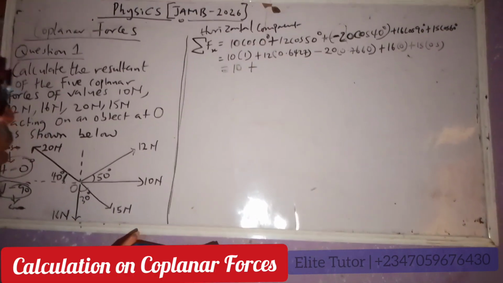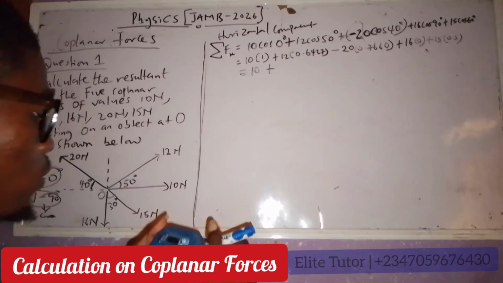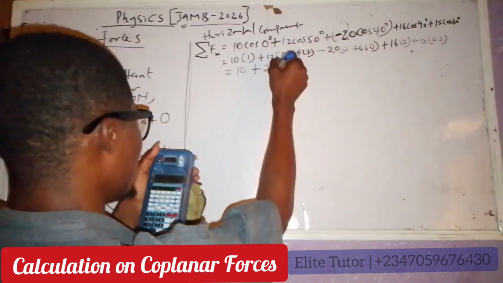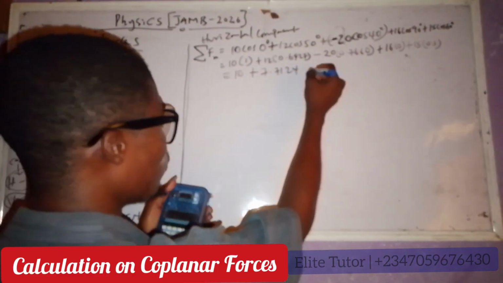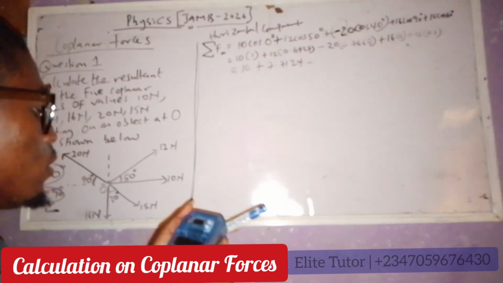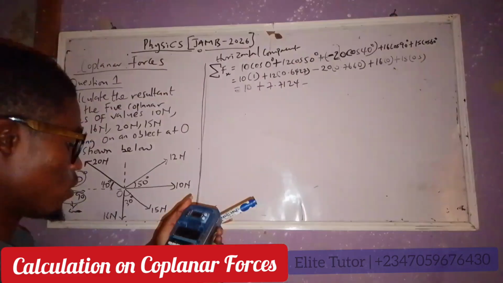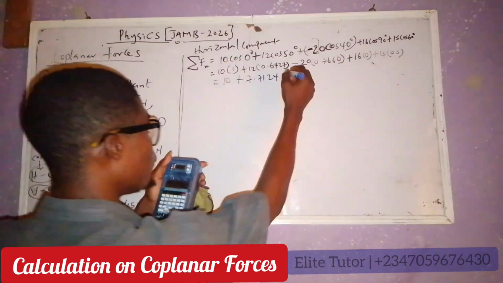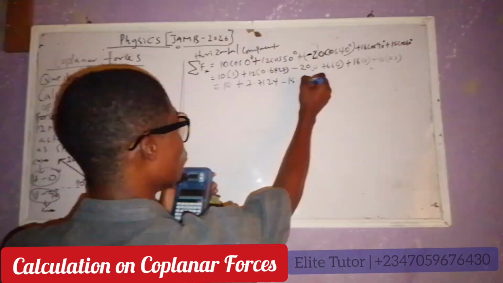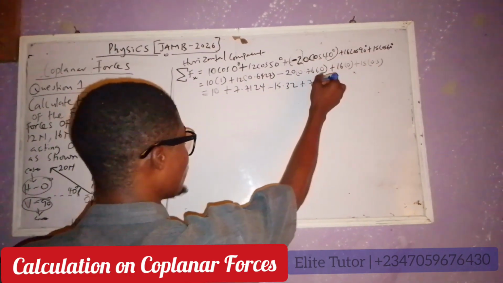Here we are having 10 plus 12 multiplied by 0.6427, which is 7.7124, minus 20 multiplied by 0.7660, which is 15.32, plus 7.5.